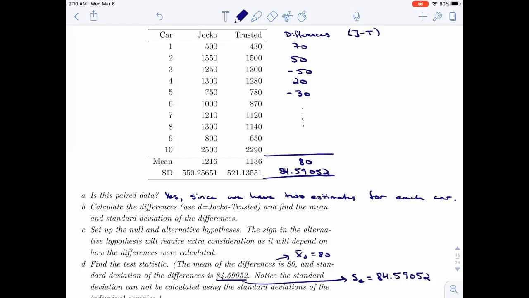So we have to calculate the standard deviation of the differences, or more likely, I have to give it to you. 550.25651 minus 521.113551 is 29.121, which is not 84.59.